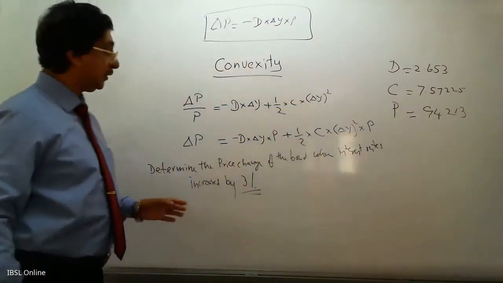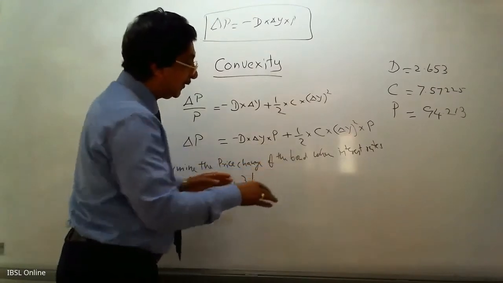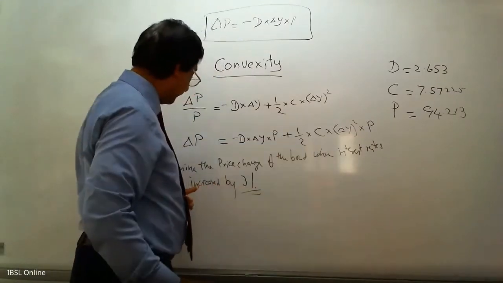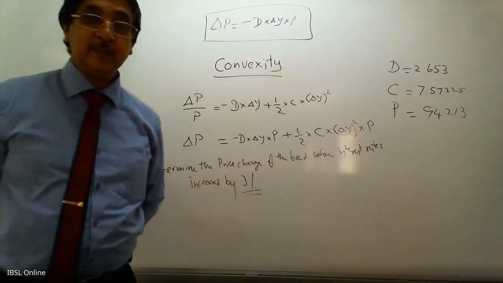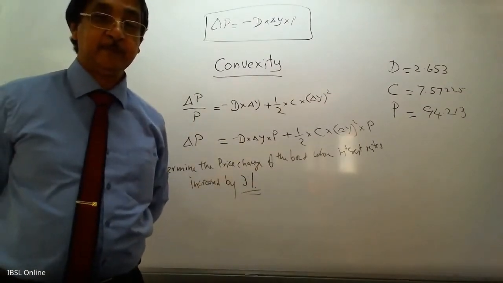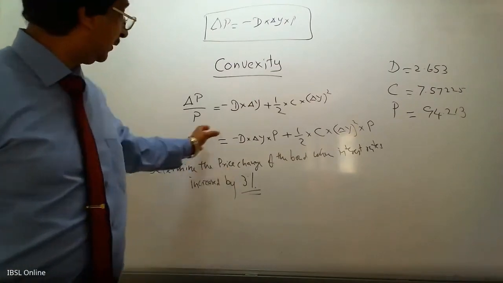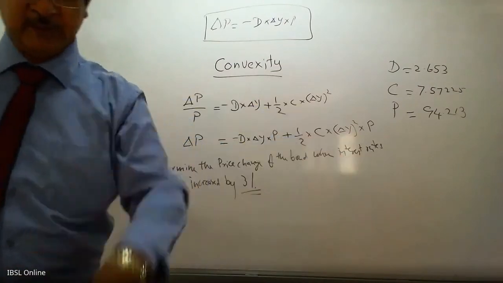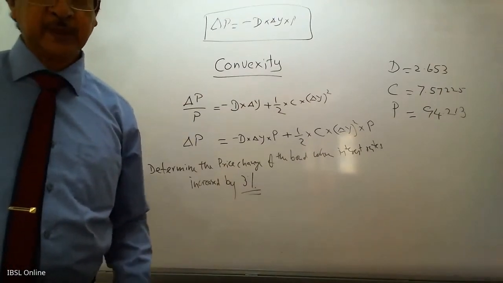Now you have to determine the price change of the bond when interest rates increase by 3%. Try to do it. The relationship is even on the slide. Just try it.